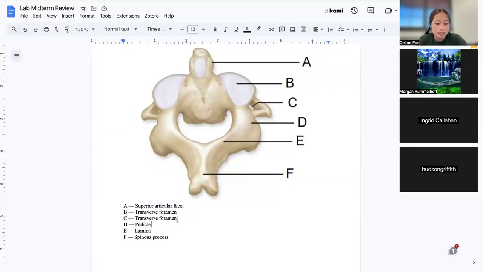Superior articular facet is B. And A is the dens. Okay, I just mixed up the letters.